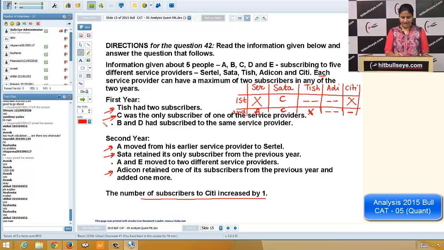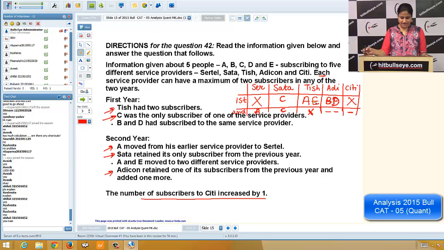Now, B and D had subscribed to the same service provider. We have to put B and D in the first year in either Tish or Edicon. It cannot be Tish, because B and D had subscribed to the same service provider. Is it okay? So I'm putting B and D in Edicon. It means the remaining A and E will be in Tish.